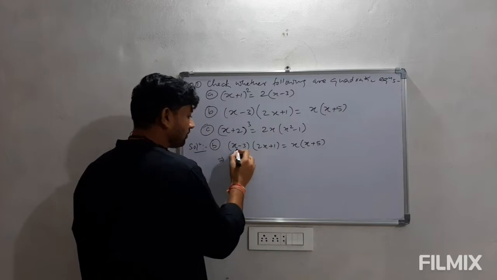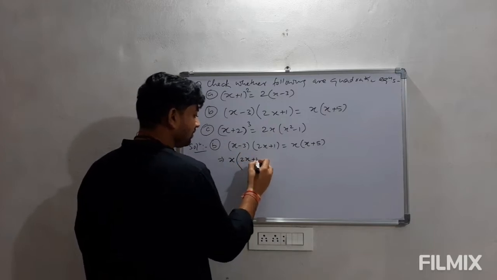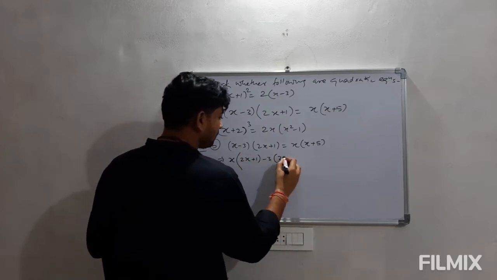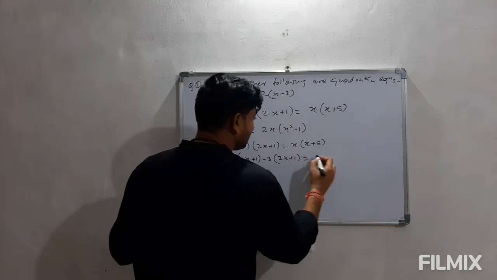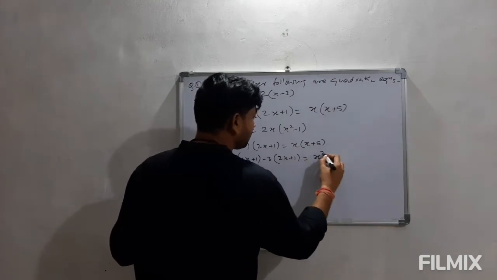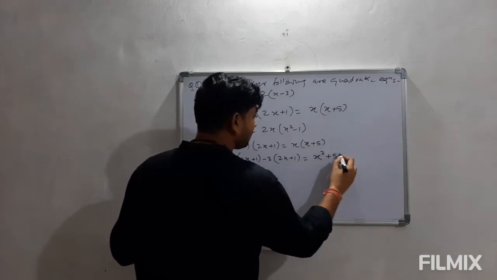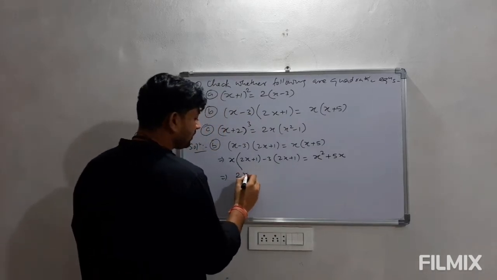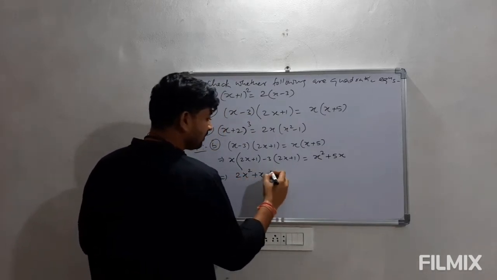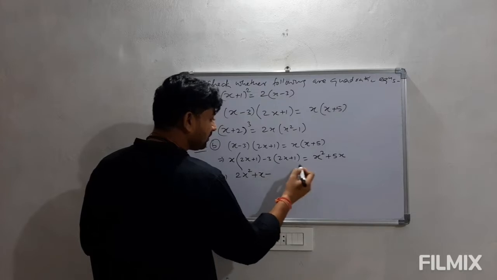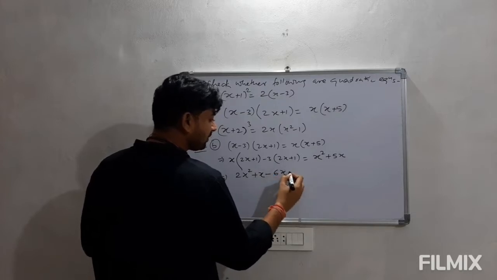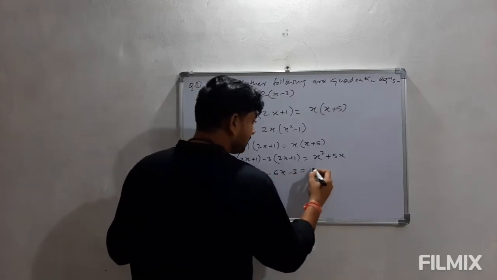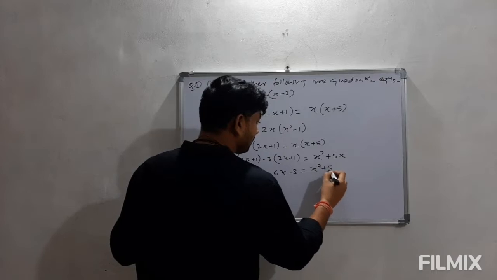So if we break this way, we are getting 2x plus 1, then we multiply this, so x into x square plus 5x. If we multiply this whole, we get 2x square plus x, then minus 3 multiplied with this bracket, so we will get minus 6x minus 3, then x square plus 5x.